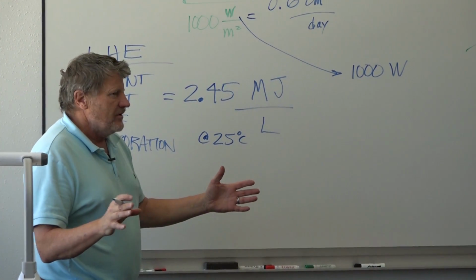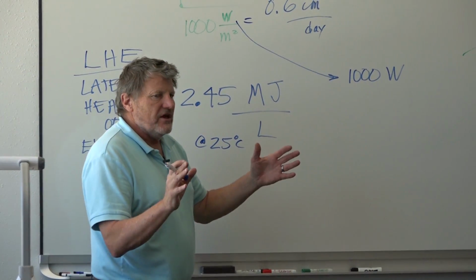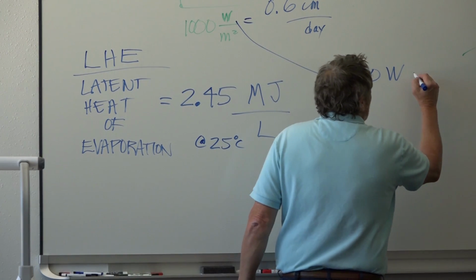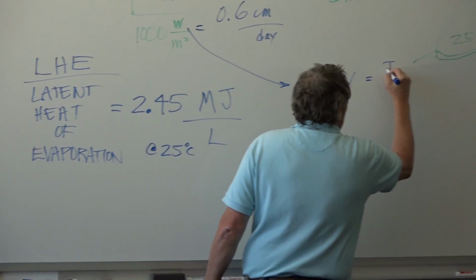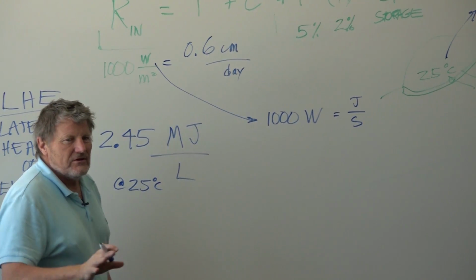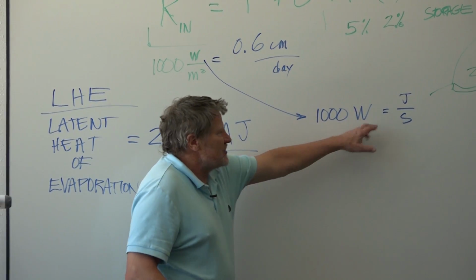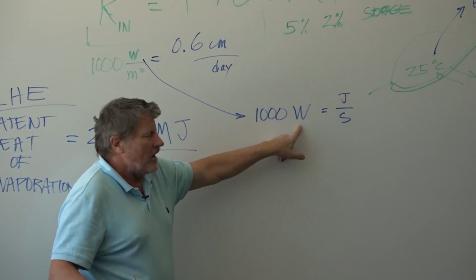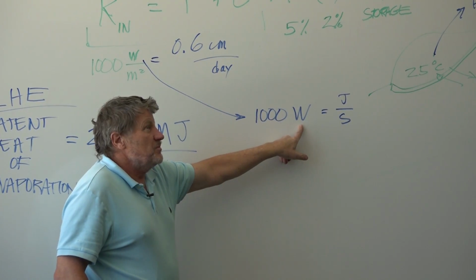A watt is a rate of energy flow. So most people could probably answer on a test, a watt is a joule per second. And we just have this happen so much with rates of energy, we just have this nickname for them called the watt. But it trips people up sometimes.